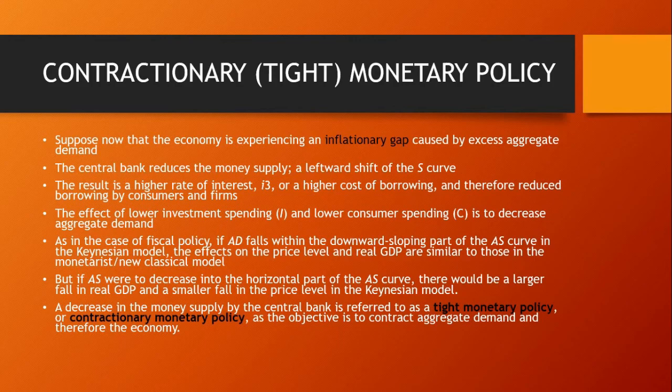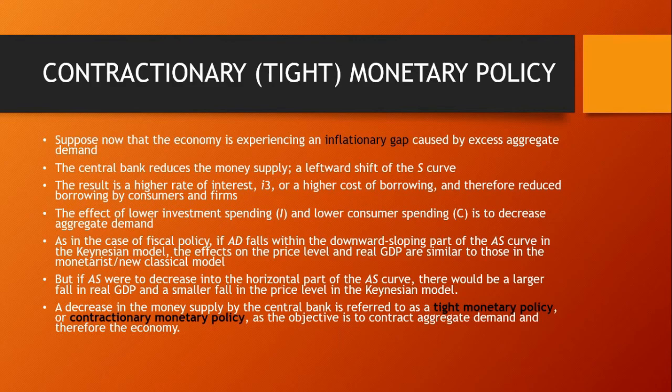When the interest rate is increased, the cost of borrowing will also increase. Therefore, consumers and firms will lower their consumer spending and investment due to the high cost of borrowing, and therefore it will lower the aggregate demand, and the aggregate demand will shift to the left.